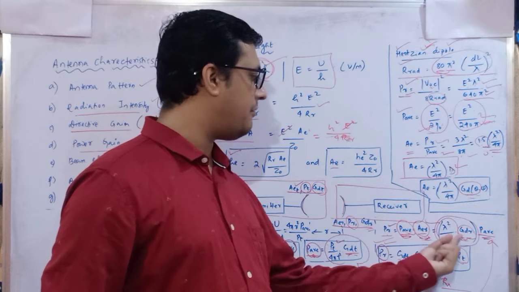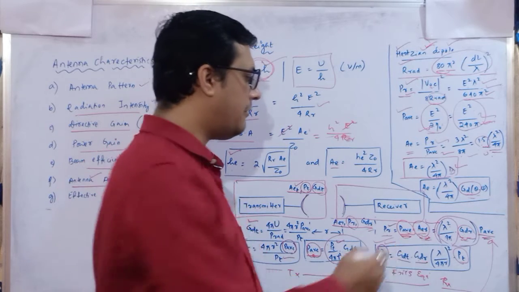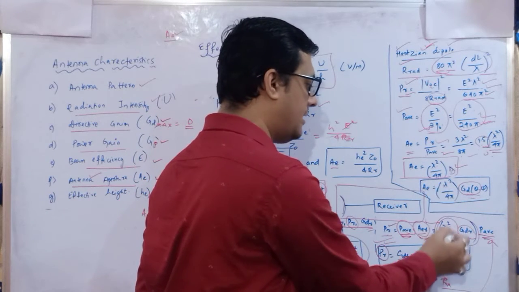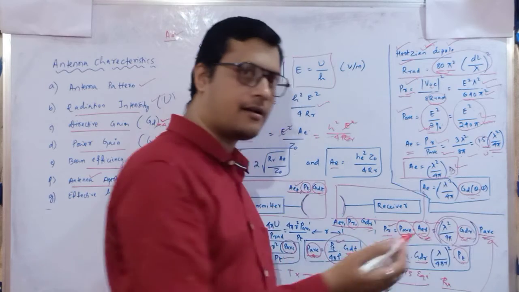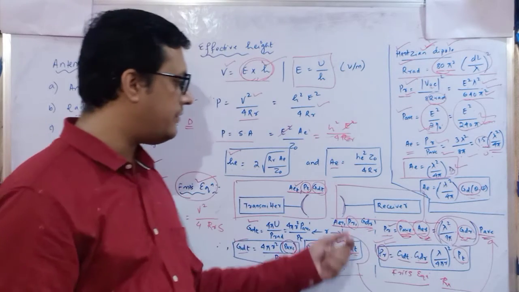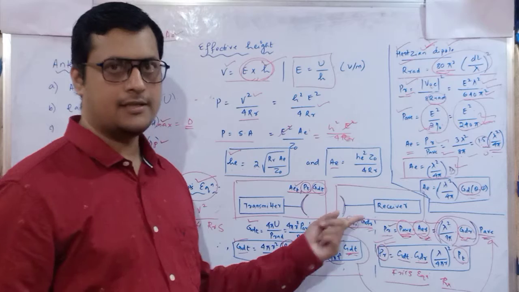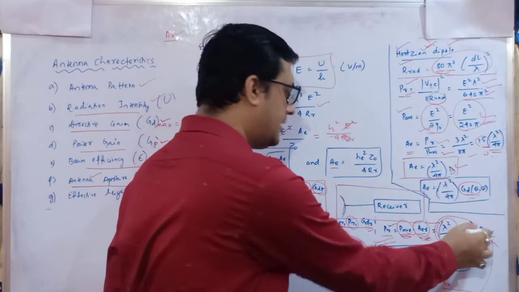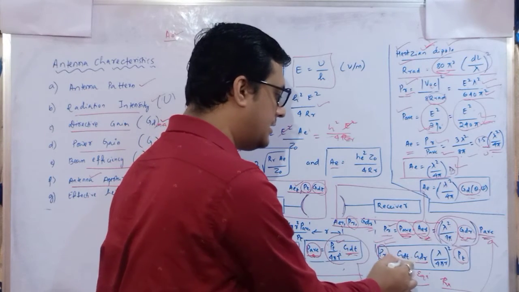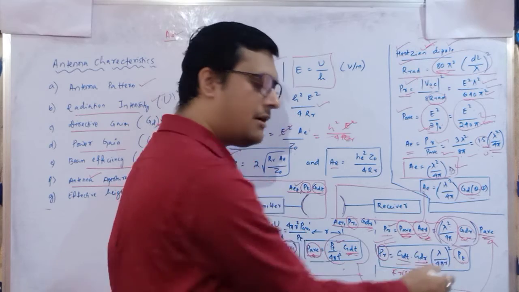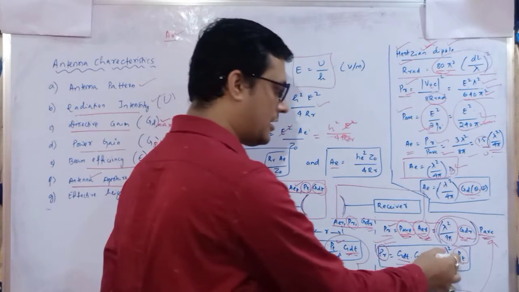So in place of AE, I have written lambda square divided by 4 pi into GDR. Why is it GDR? Because we are calculating at the receiver. Now if you substitute this average power here, we will get GDT, GDR, lambda by 4 pi whole square into the transmitted power.